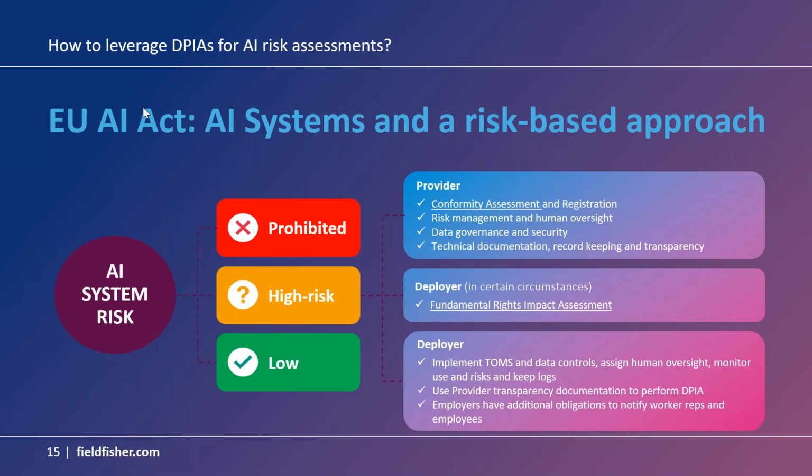The last point on the deployer's obligations is that deployers who are employers are required to inform employee representatives and employees themselves before rolling out a high-risk AI system at the workplace. Again, this is an area of overlap between the rollout of an AI system under the AI Act and the GDPR, as the GDPR also requires that the relevant stakeholders are consulted when carrying out DPIAs, as Diego will touch on later. So let's move on to the next slide.